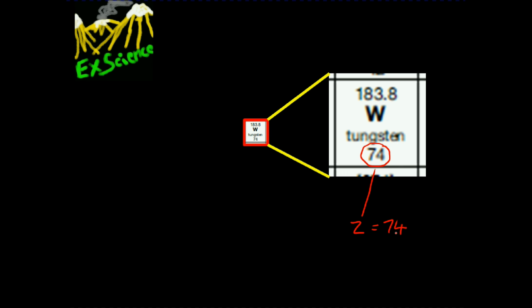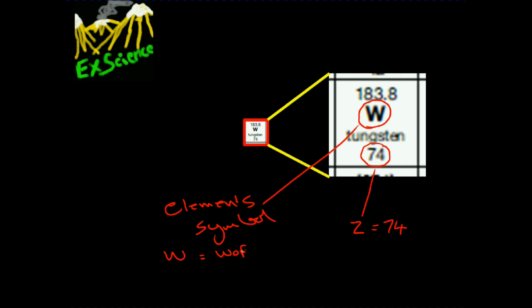So that means there are 74 protons. It has a symbol W, which is from the Swedish name for the metal, wolfram.